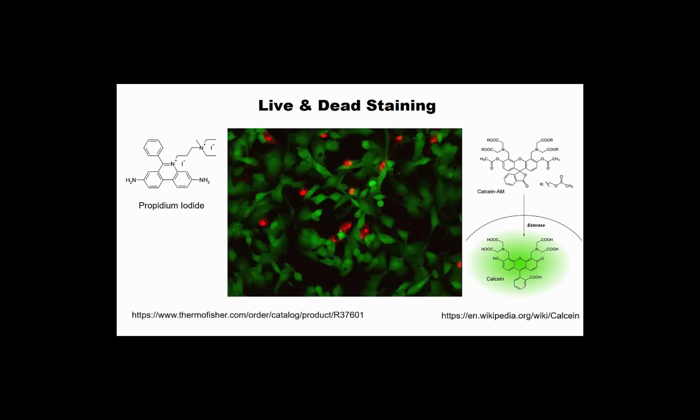Only when the membrane structure is intact, it stays inside the cell. When the membrane is broken, the green dye is poured out, and the red dye can come in and stain the nucleus. In one shot of images, you can easily tell which cells are dead and which cells are alive.